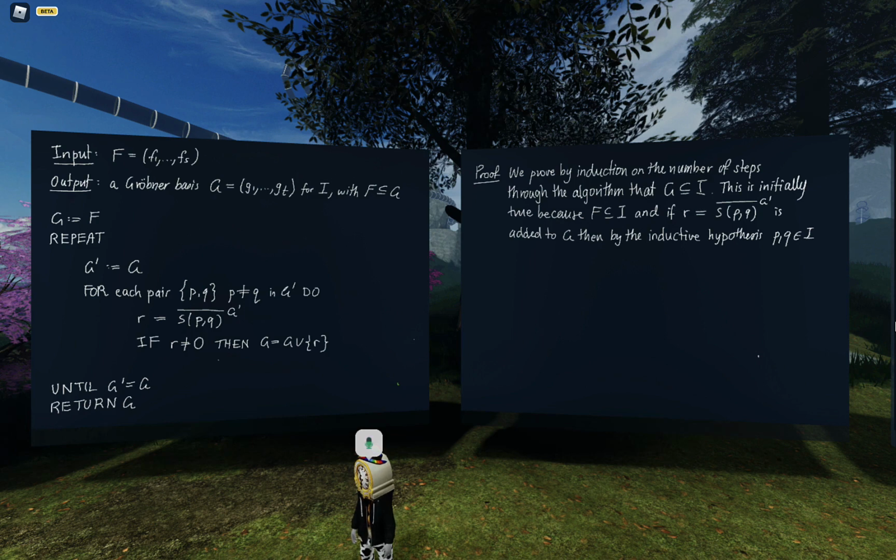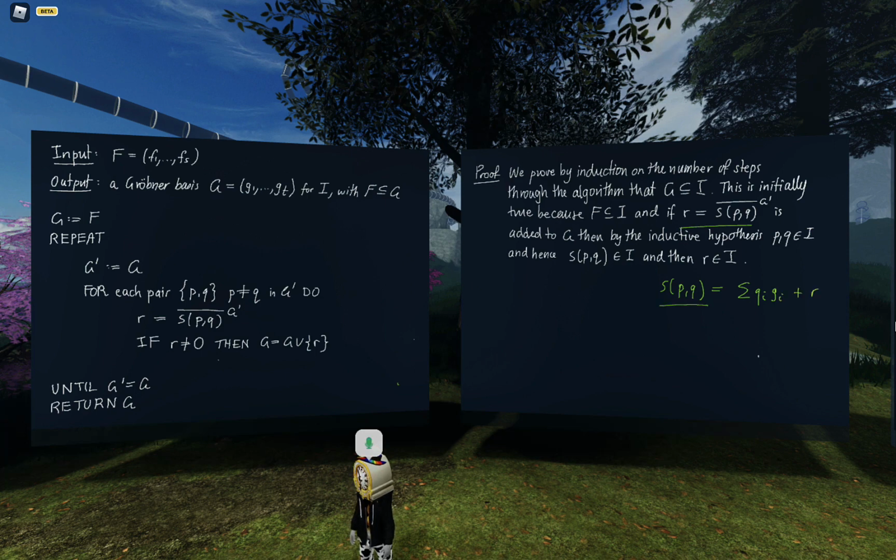So we have P and Q in I, and hence the S polynomial in I, because it's a linear combination of P and Q. But if you think about this division, that division is going to write S PQ as a sum of quotients times things that are in G, plus the remainder.